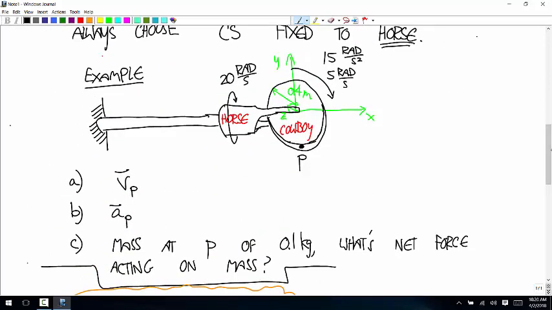Yeah, and it's the same as the r vector in this case, because we happen to put the origin of the coordinate system at the center of the circular motion. But remember, I listed out comparisons of what these values mean. Remember that in general, the position vector and the r vector are different. The r vector always goes from the center of a circular motion. That p vector, if I had put the origin back here, then that would be different than r. But in this case, it's just 0, negative 0.4, 0.